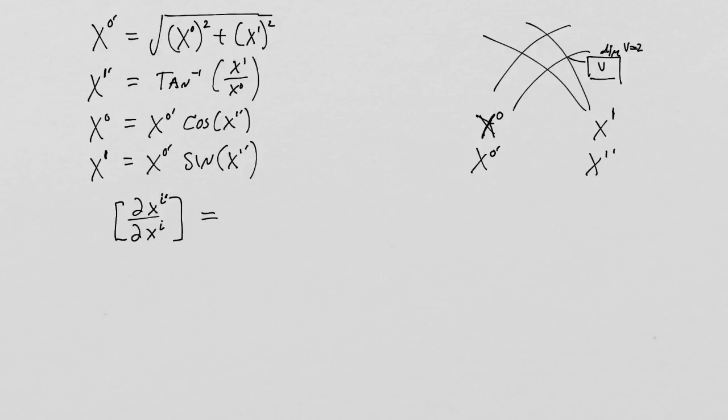So the first one is going to be the partial of xi prime 0. It's this function here, the derivative with respect to x0, right there. So that's not going to be too hard to do. It's going to be x0 over 1/2 square root x0 squared plus x1 squared.